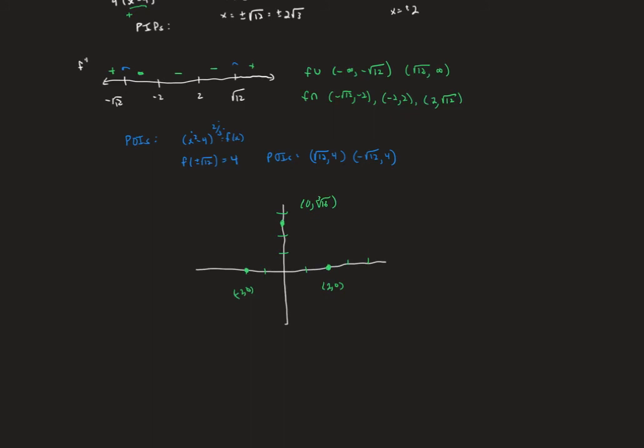So I'm going to extend my axis a little bit more here and add another tick mark at 4. So we're going to be somewhere in there, which is going to be the square root of 12 comma 4. And likewise, in between negative 3 and negative 4 is going to be our negative square root of 12 comma 4, our inflection point.